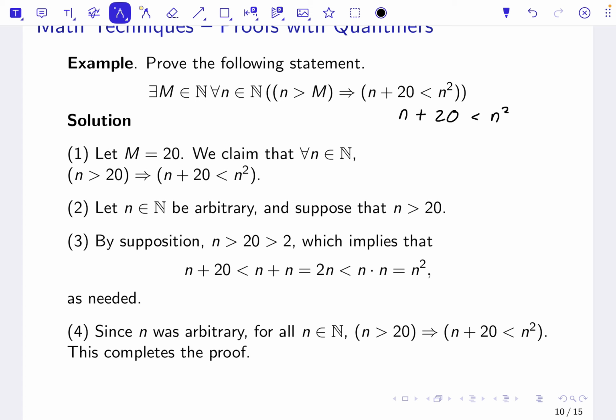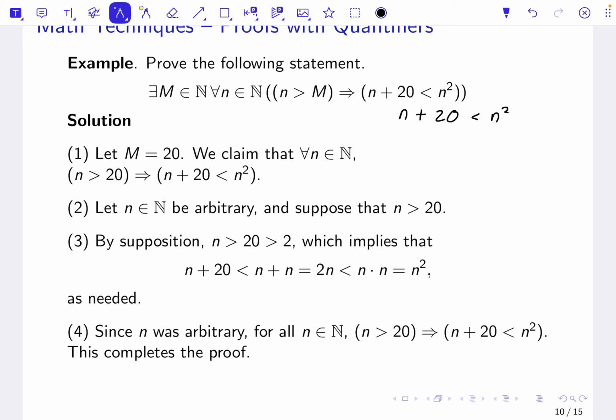And then we're going to solve for n, get an inequality of the form n is greater than something. Spoiler alert, it's probably going to be n is greater than 20. And then we wouldn't be allowed to say let n be greater than 20 because n is universally quantified. This has to work for all n, not just n equals 20.